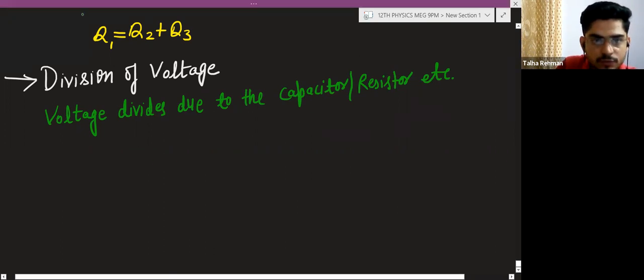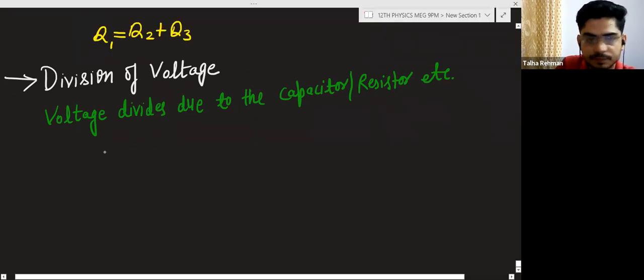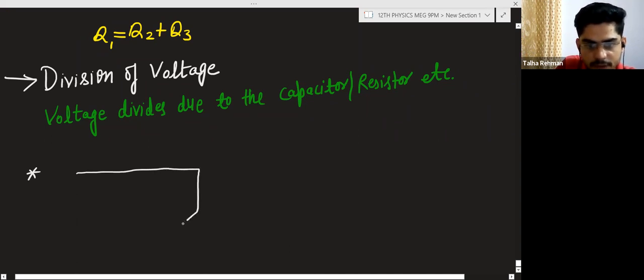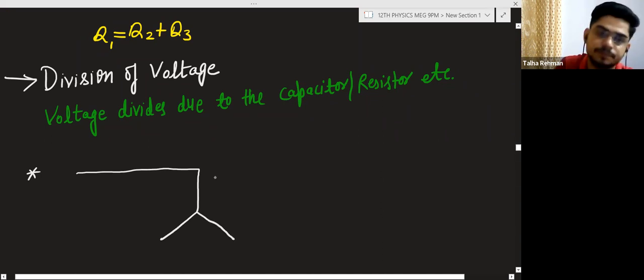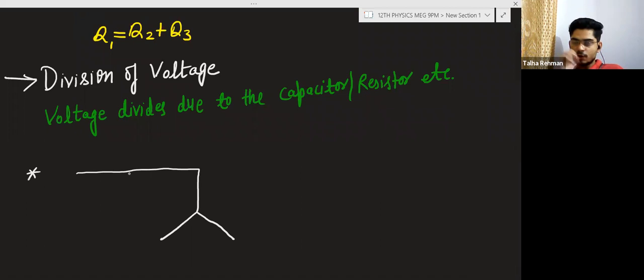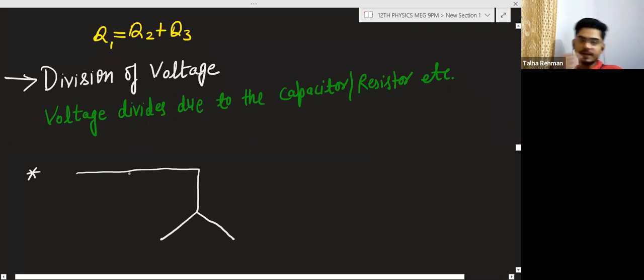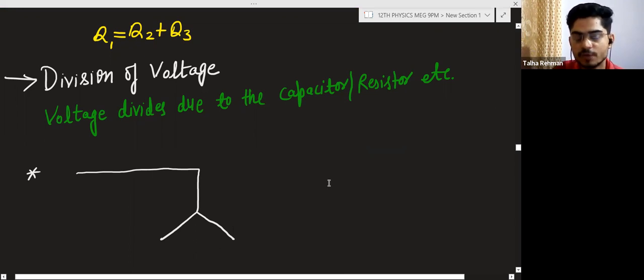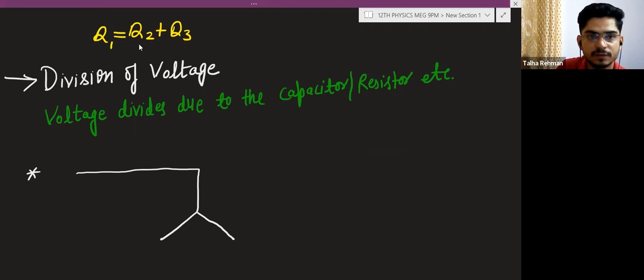So if I am taking a wire like this, so Hamza, if there is no capacitor or resistor connected on this wire, it means the potential will remain the same no matter how many branches there are in the wire.